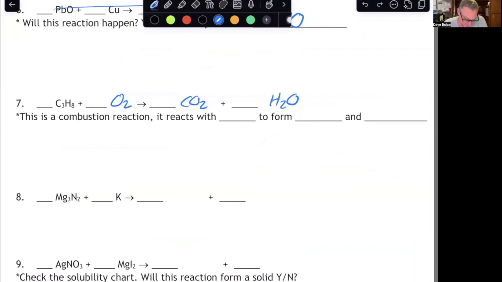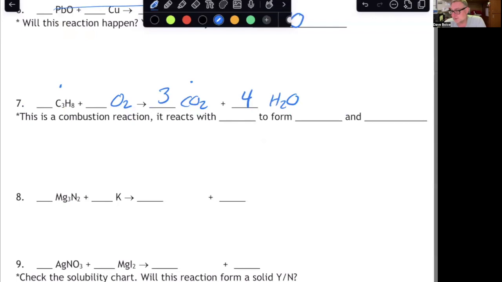So to balance it, I don't have hydrogen and hydroxide in my product, so I'm just going to write water as H2O. Carbon, I've got 3 here, and I've got 1 here, so let's put a 3 there. Hydrogen, I have 8. All my hydrogens are in the water, so I'm going to put a 4 here. 4 times 2 is 8. Hydrogen's good.